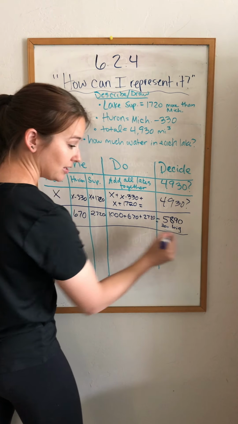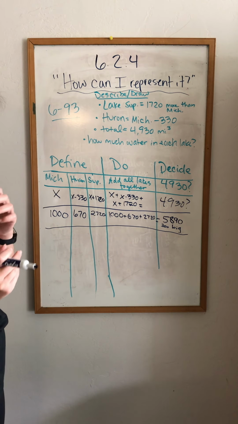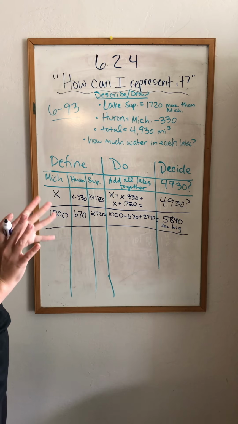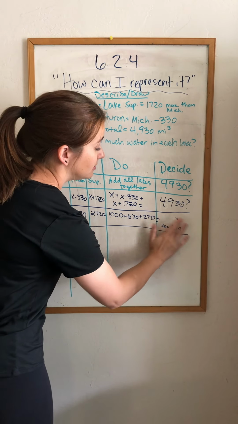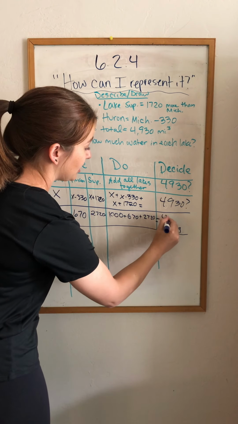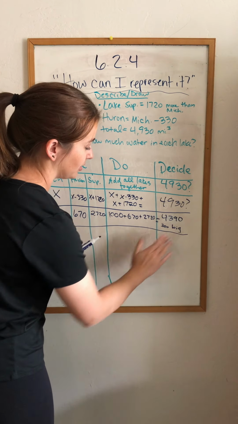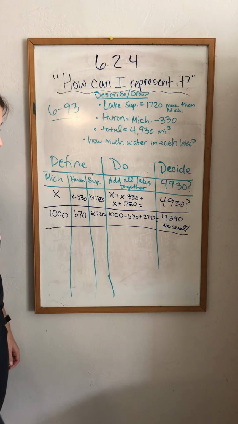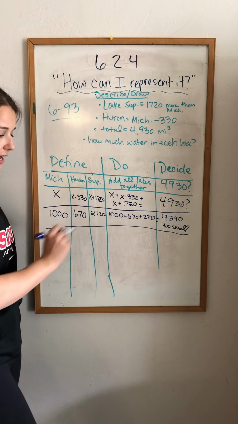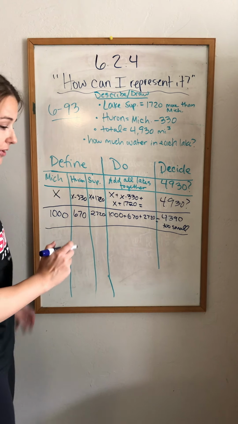So 1,000 was, sorry, I'm looking at my second column. It was 4,390. So that was too small. Sorry. 1,000 was too small. That makes a lot more sense. Okay, so I did all that work beforehand, and I'm just looking at my paper now.